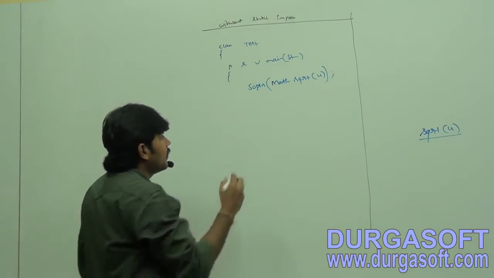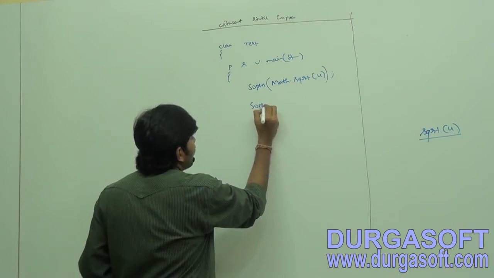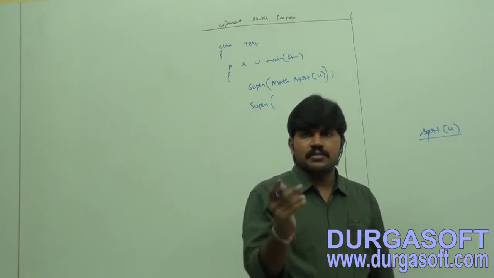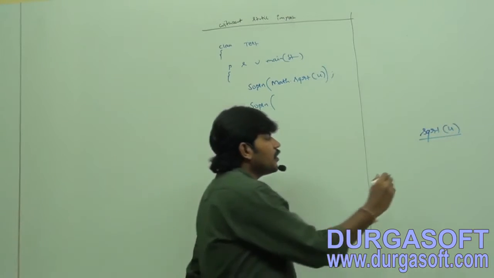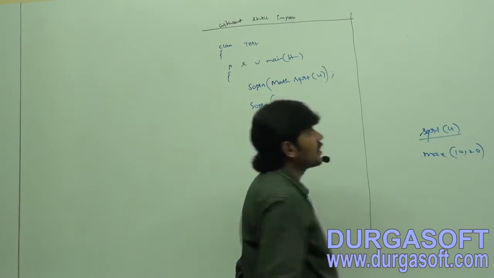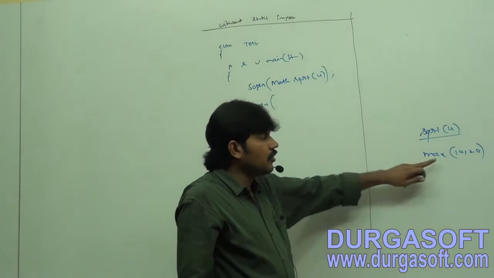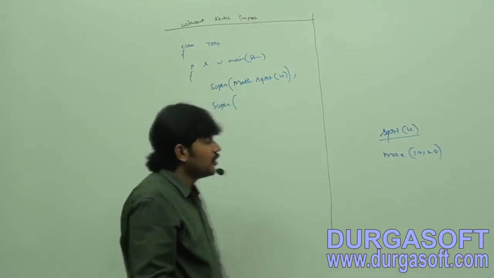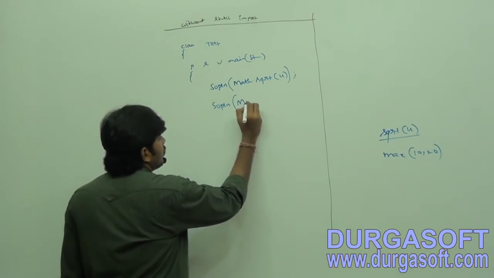Sir, I want to find the maximum of 2 numbers, max of 10, 20. Do you know where the max method is present? In the Math class only. It is also a static method.